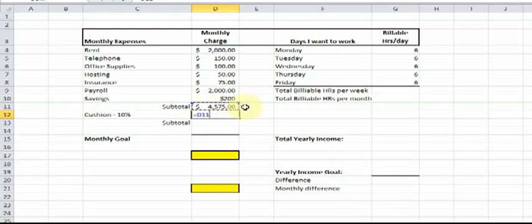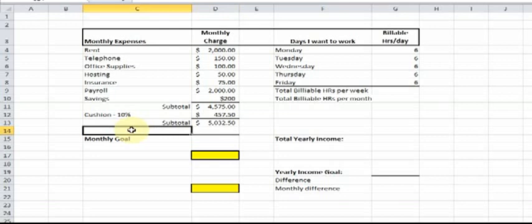So I'm going to take that and times it by 10%. And that is what I would need then to save for my cushion. That's for emergencies that come up, unexpected bills, that type of thing. So now we're going to subtotal these two items and come up with a new subtotal.